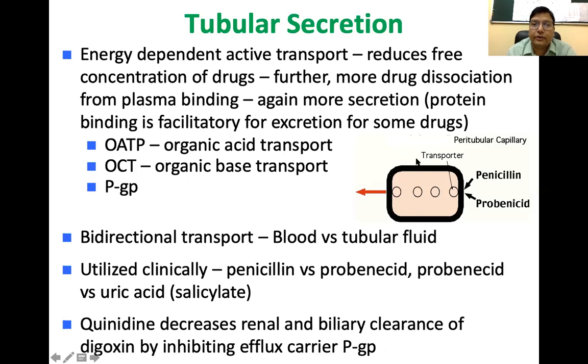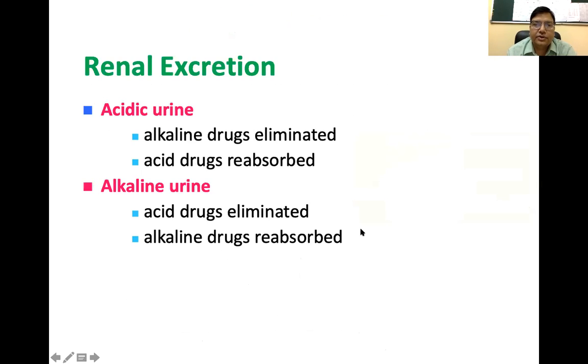This combination was used so as to make digoxin act for a longer duration. In renal excretion, in acidic urine, alkaline drugs are eliminated and acidic drugs are reabsorbed. This is a very important concept. And in alkaline urine, acidic drugs are eliminated while alkaline drugs are reabsorbed.